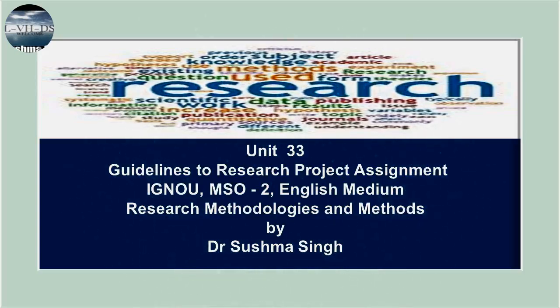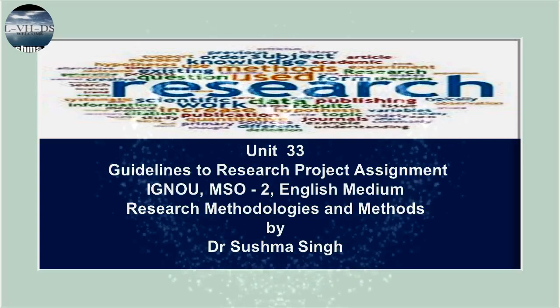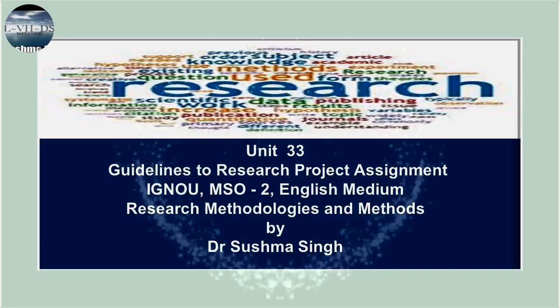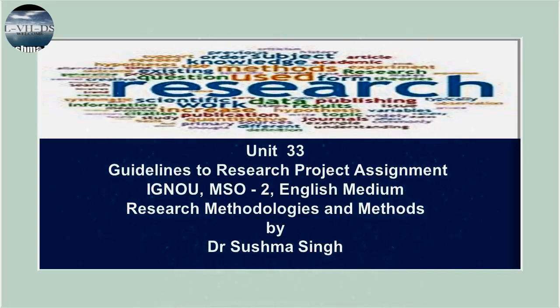In this process, you may come across constraints at any stage of your research project. You would need to overcome those constraints and present the results of your research in about 5,000 words. This discussion would take us to the next section of this unit, that is preparing for the research project.